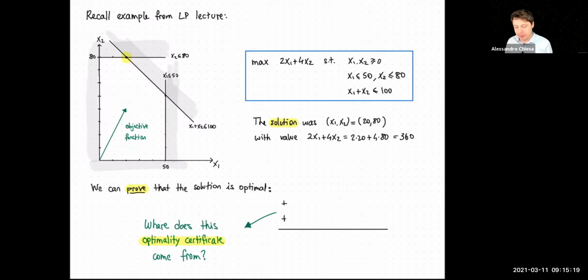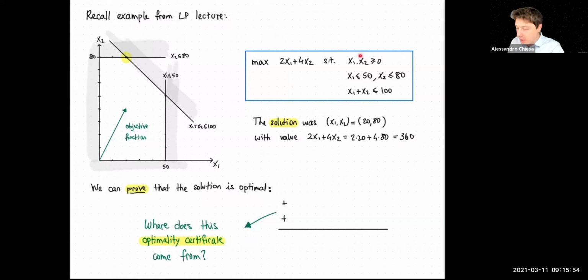We kind of eyeballed this solution. Now with some pretty simple computation, we can actually prove that this value is optimal, okay? So what we're going to do is manipulate these constraints to show that any feasible solution to this program must be at most 360.